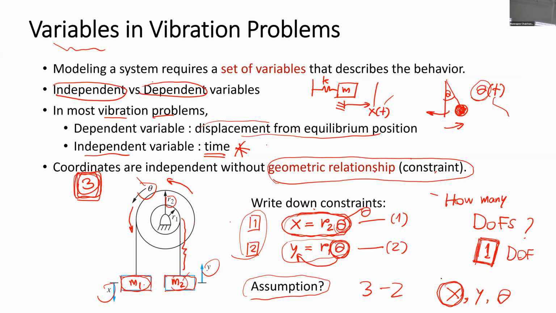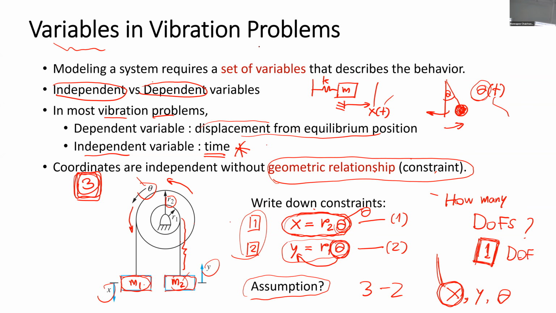The coordinate that we select, we call the generalized coordinate. We have 3 possible coordinates, x, y, or theta. But the one that we select, we call the generalized coordinate.